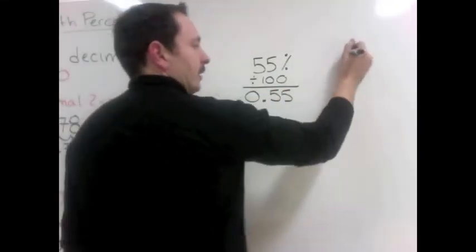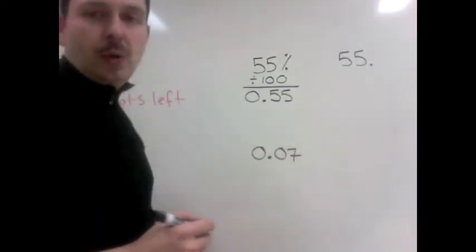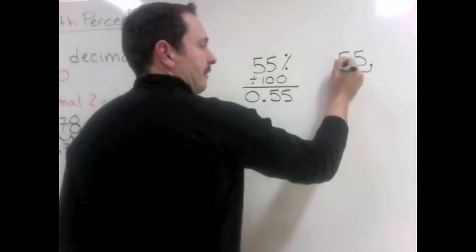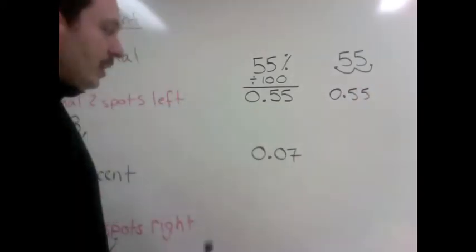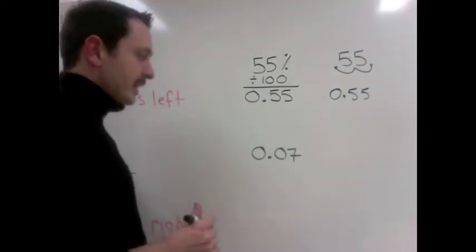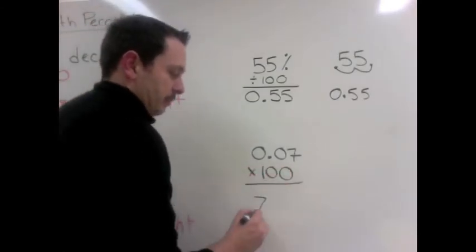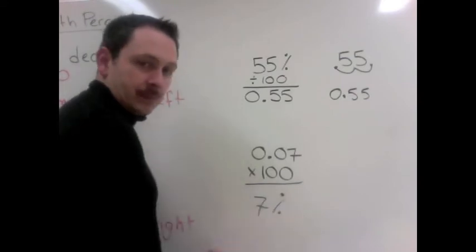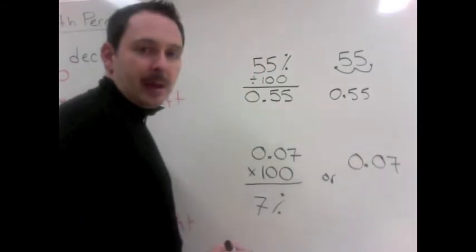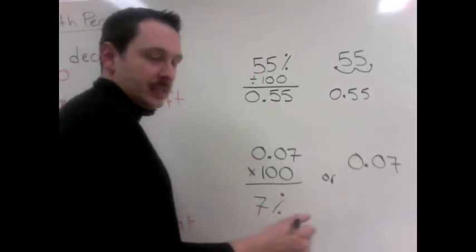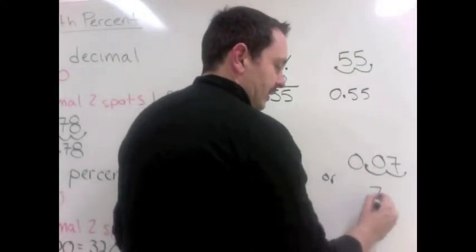In the other method, we start with 55. There's a decimal we don't show, but it's there. 2 jumps to the left, and it's 0.55. Now, looking at a decimal into a percent, we can times by 100, and this would be 7%. Or I could have taken 0.07, and when we go from a decimal to a percent, we make 2 jumps to the right. 007 is 7%.